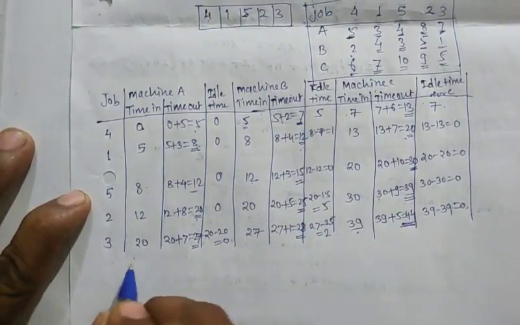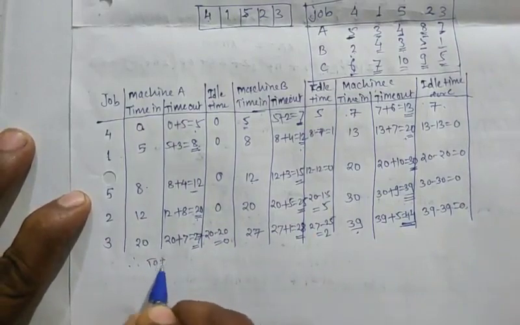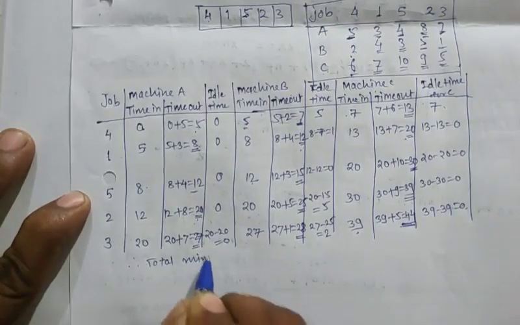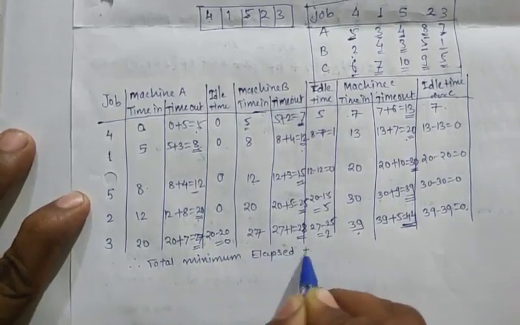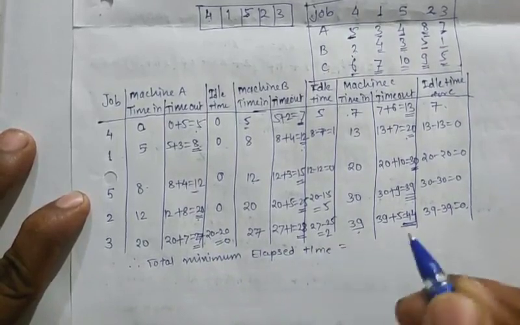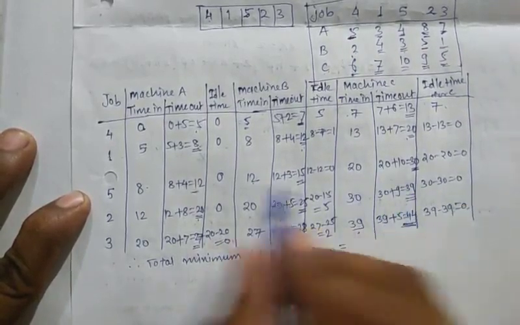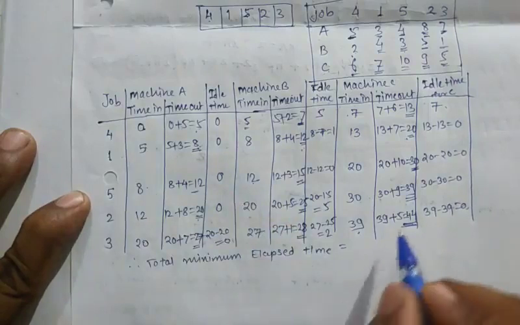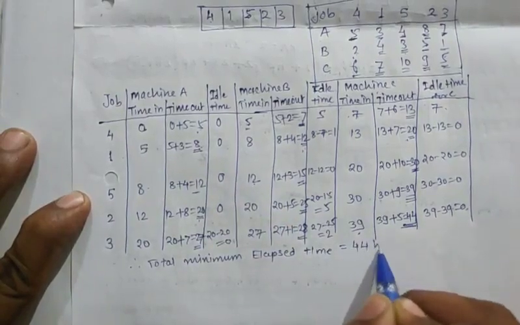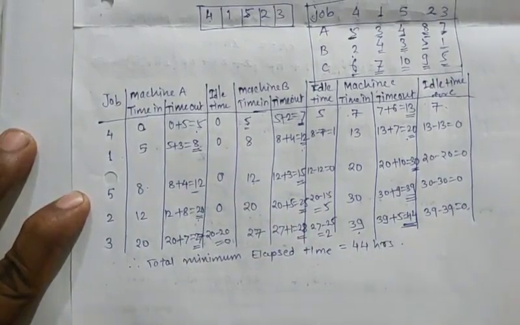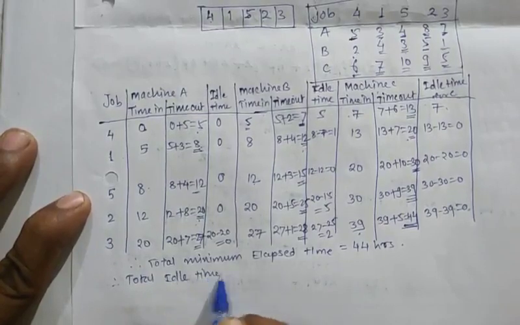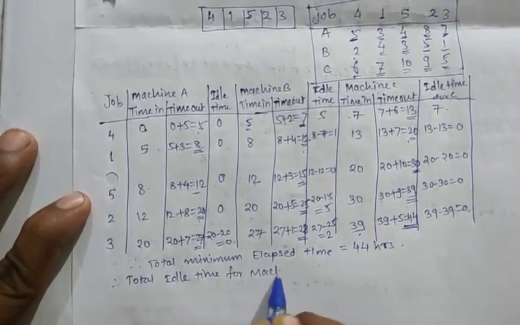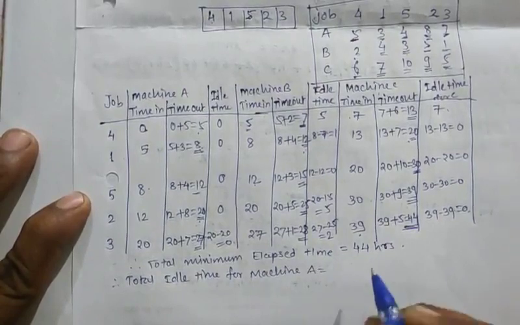So therefore total minimum elapsed time is equal to how many hours to complete overall job. To complete first job to last job, it takes 44 hours. Now to find out total idle time for machine A, so what is idle time?